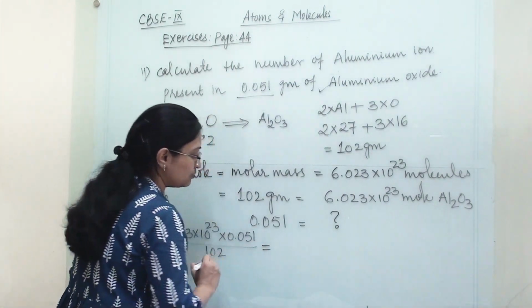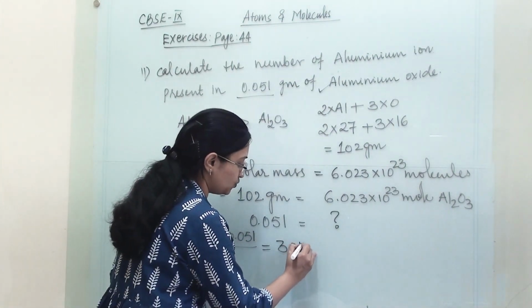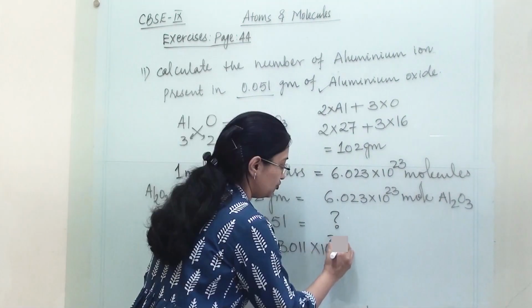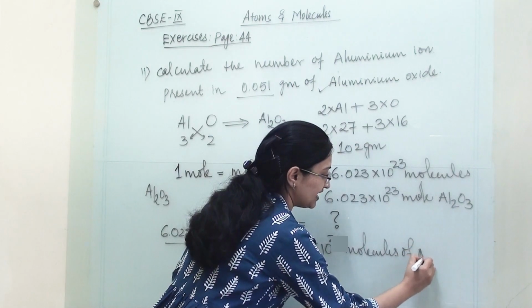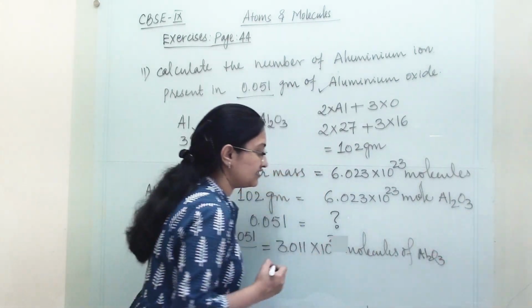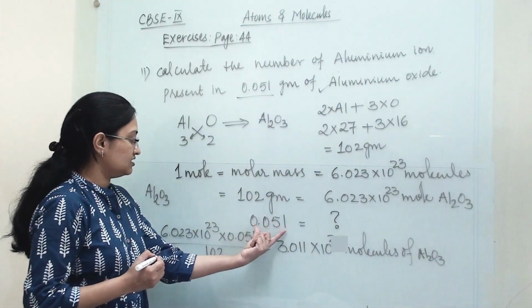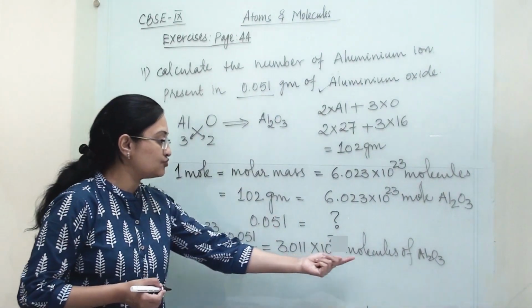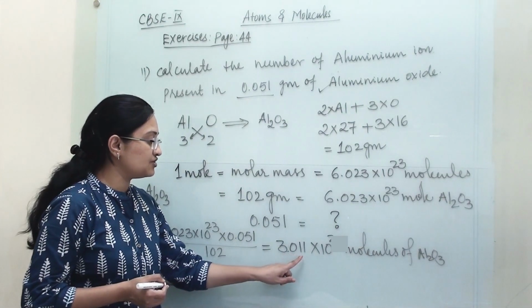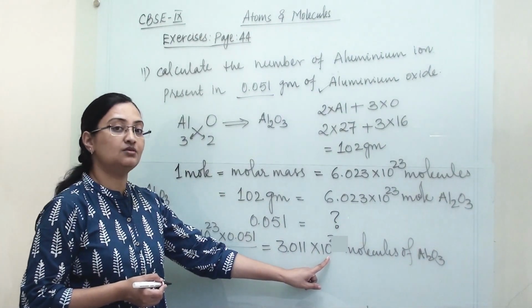So that is equal to 3.011 × 10^20 molecules of Al2O3 in this much weight. So 0.051 gram of Al2O3 consists of 3.011 × 10^20 molecules.